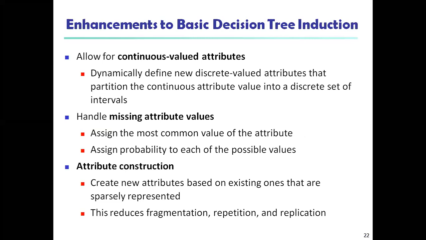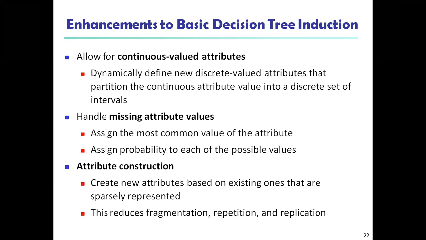See here, these are the enhancements of the basic decision tree induction. First, continuous valued attributes: dynamically define new discrete valued attributes that partition the continuous attribute value into a set of intervals. How to handle missing attribute values?